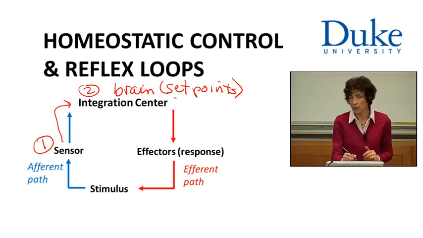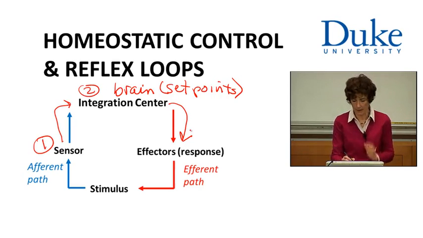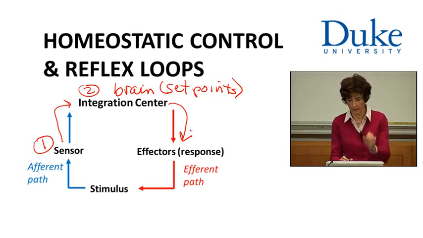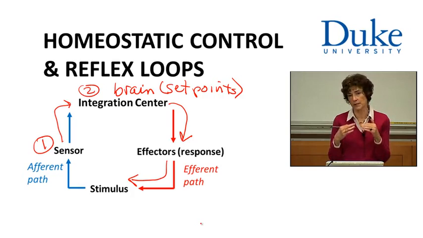It then will decide whether or not it needs to make a response, and will send out an effector pathway to the effectors. So this is an efferent pathway going out to the effectors, which will generate a response that will then bring the body back to its normal condition. This is exactly analogous to the temperature control system that you have in your house for heating.